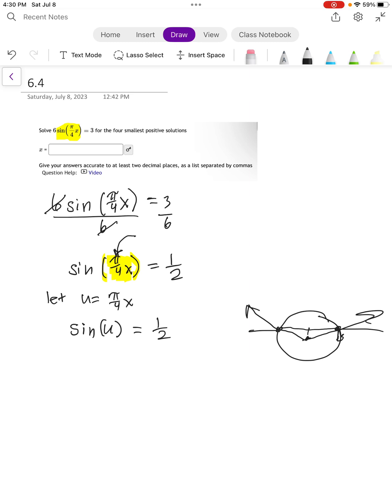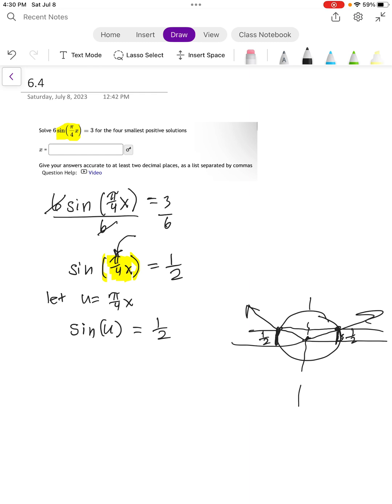This first angle is in quadrant 1, and this second angle is in quadrant 2. Both of them have a y coordinate of 1/2, because the distance off of the x-axis is 1/2.